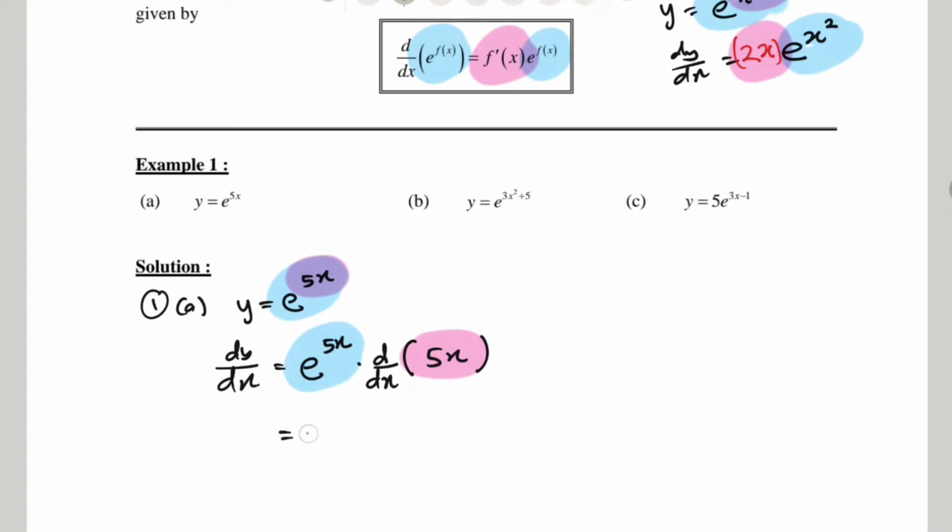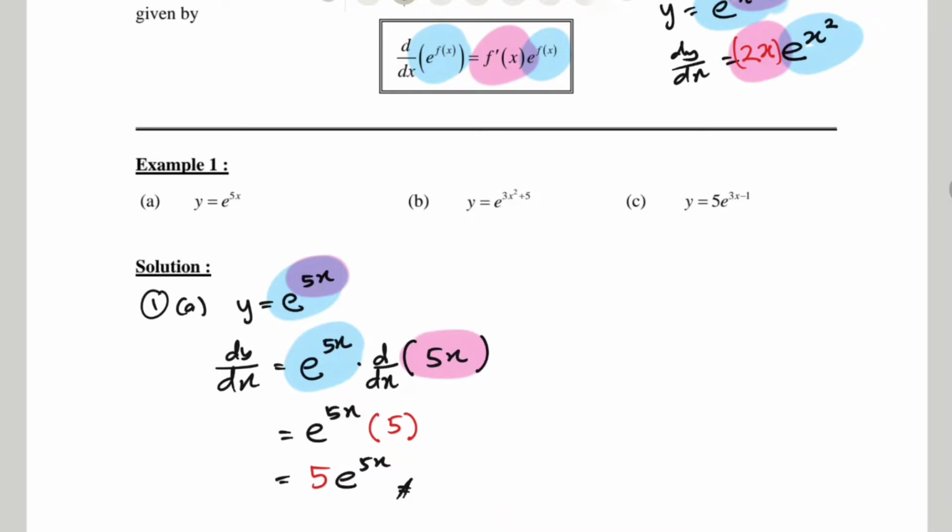Okay? After that, differentiate this power. What do you get when you differentiate 5x? When you differentiate 5x, you get 5. Okay, but usually we will write all of the numbers in front of the exponential and write the exponential behind. And that's where we get our final answer.